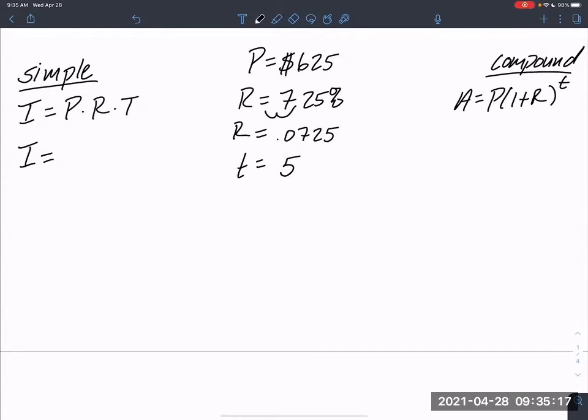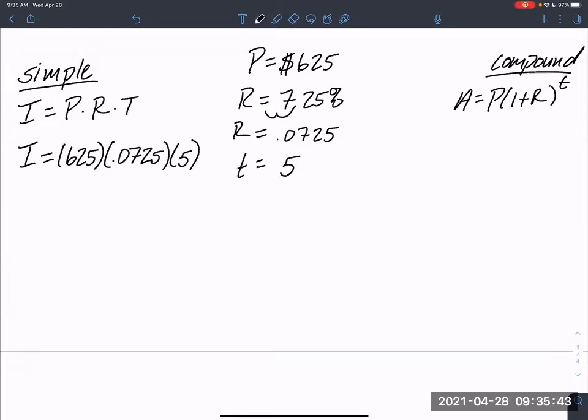I equals principal, 625, times the rate. Again, we want the decimal, 0.0725, and then we want time. The time is 5. Okay? So multiply that out.